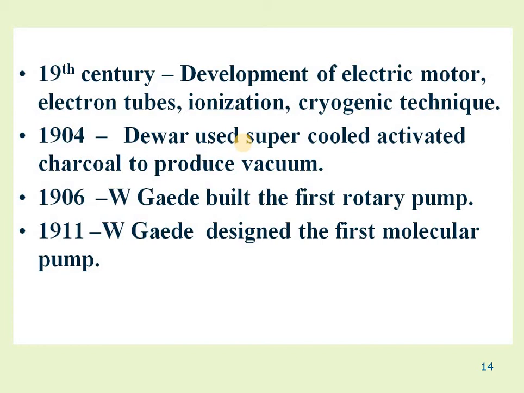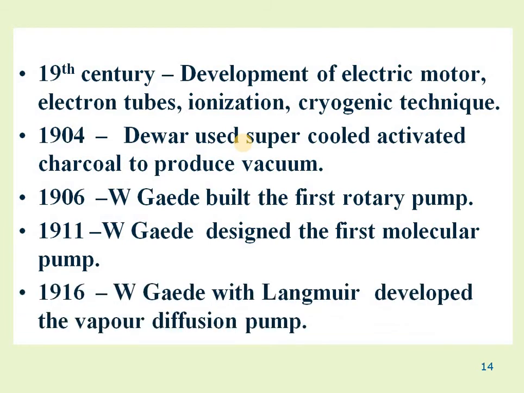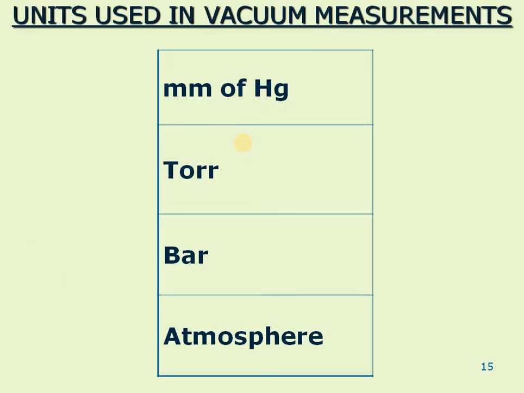By liquid, he could pump out gases. We will study in detail about this kind of pump later. And in 1916, again Wolfgang Gaede, in association with Langmuir, developed what is called the vapor diffusion pump. Regarding the vapor diffusion pump, we have a special session in which we will discuss in detail the working and the action of this pump.